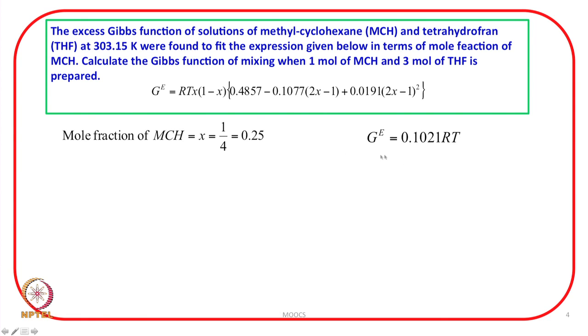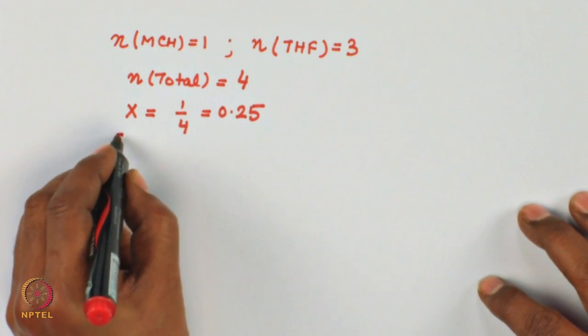The resulting expression will condense to GE is equal to 0.1021 RT. Let us retain RT for the time being. So, at a given mole fraction, this expression takes up this form. We have been asked to calculate Gibbs function of mixing, that is the experimental value. How do we get it? We get it from the definition of excess Gibbs function.